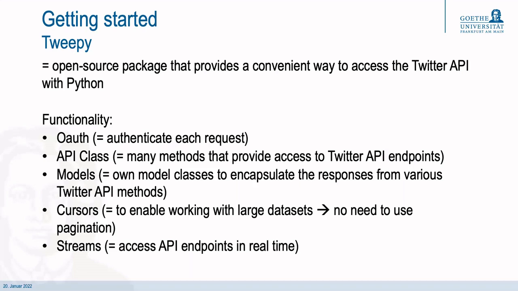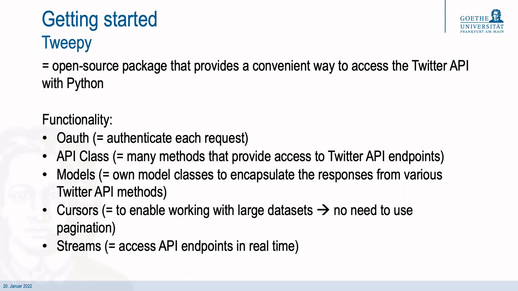You can also use models. So this means that if we use the Twitter API class, we'll receive a Tweepy model class instance. And from this onwards, we can use several methods to extract the information we are interested in.